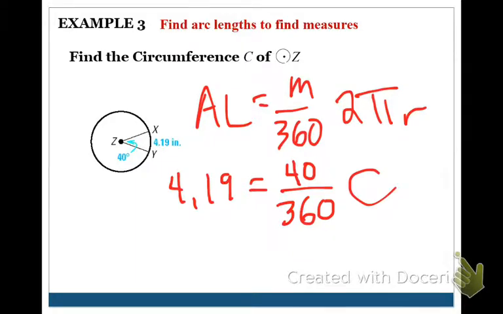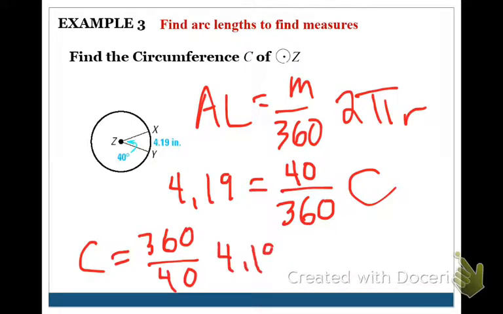So when we solve for c, we would take c is equal to 360 over 40 times 4.19, right? Because to clear this fraction, to get c by itself, we multiply by the inverse, right?